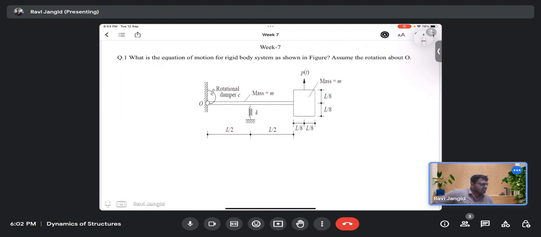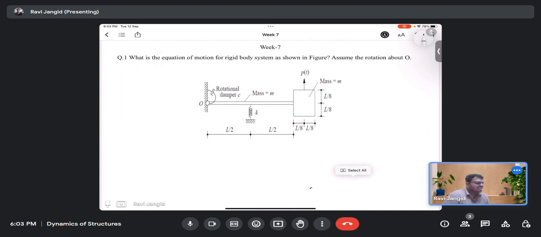Okay. So now we have to start the problem. We have a number of degrees of freedom, but we need to convert that into an equivalent single degree of freedom system by using the continuous mass system or the lumped mass system. That is called a generalized single degree of freedom system.